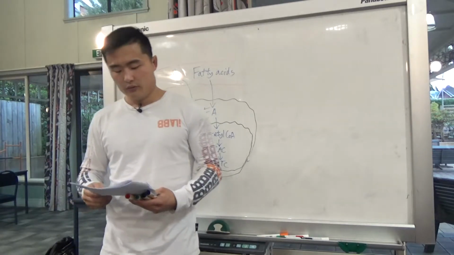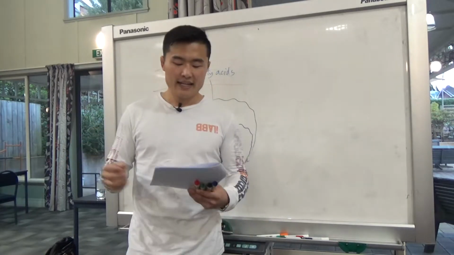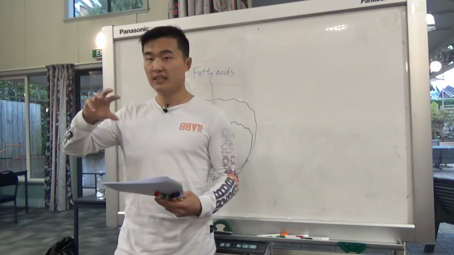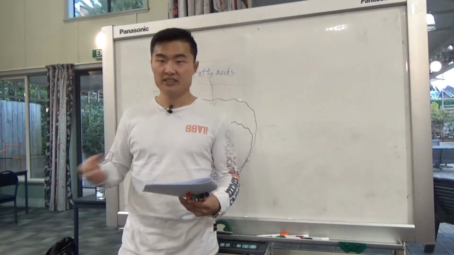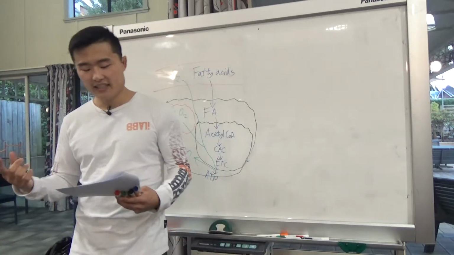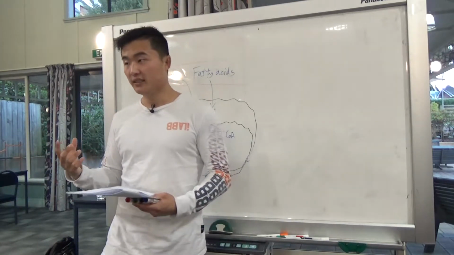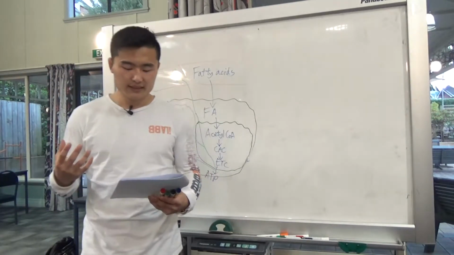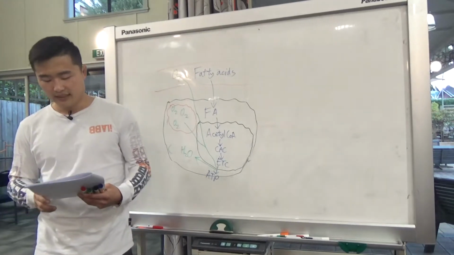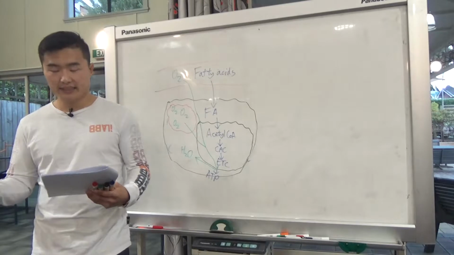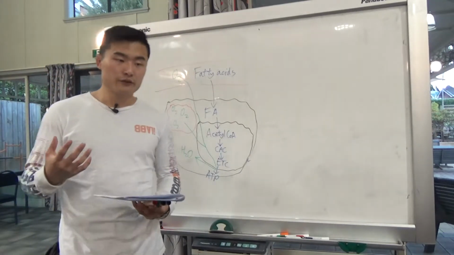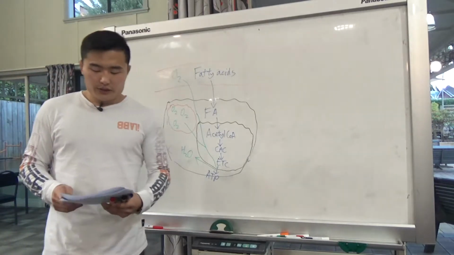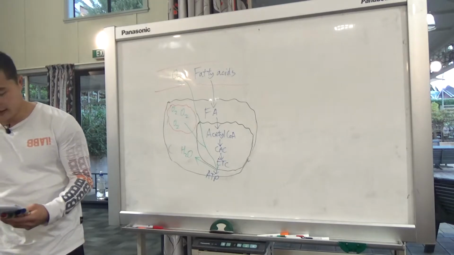So when you have low blood sugar, you need to keep that glucose in the blood for the brain, so you don't want your muscles to take up all your glucose. That's why you require insulin on your muscles to take up glucose. So when insulin is present, it's going to bind to that receptor, and the fusion of the vesicle with the membrane allows the GLUT4 to be expressed on the membrane, and that's going to allow the uptake of glucose.